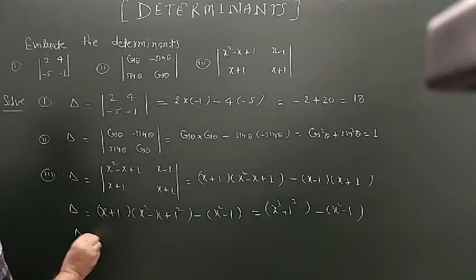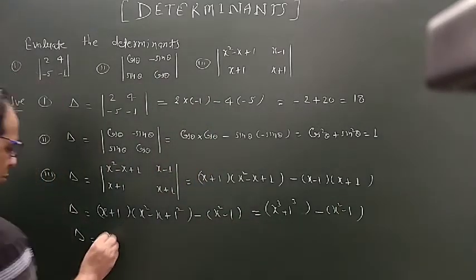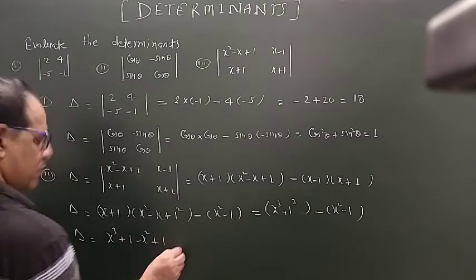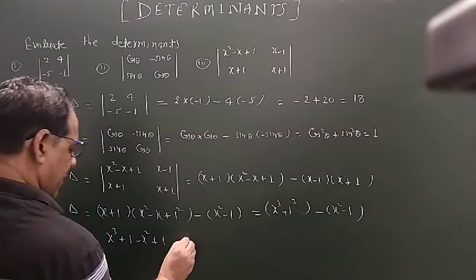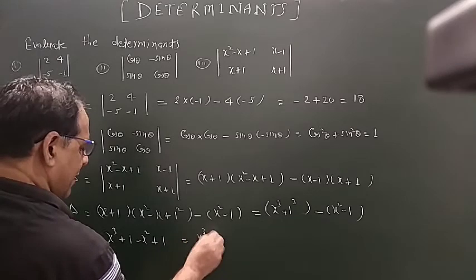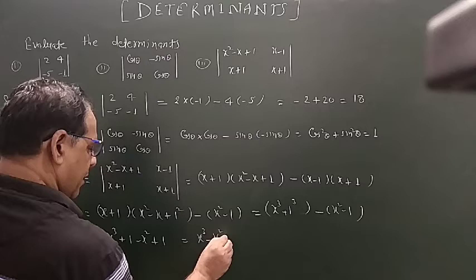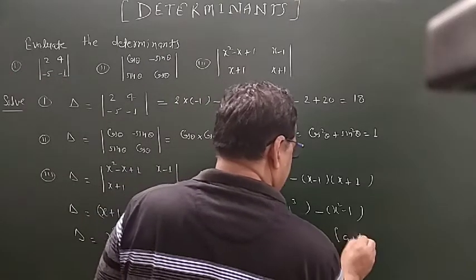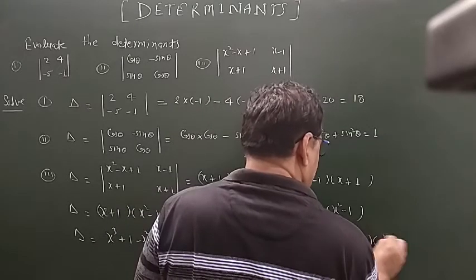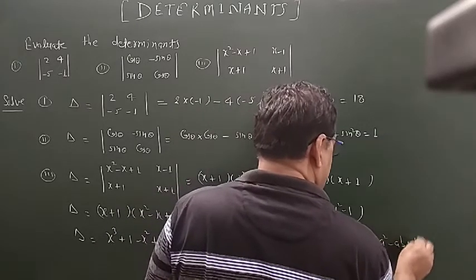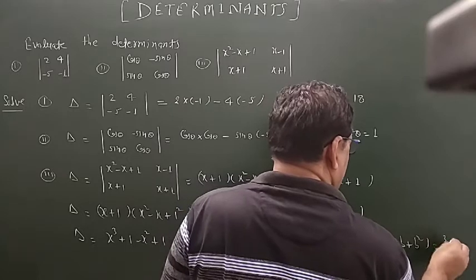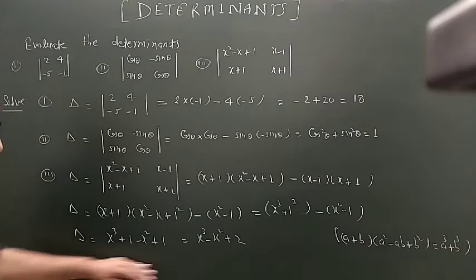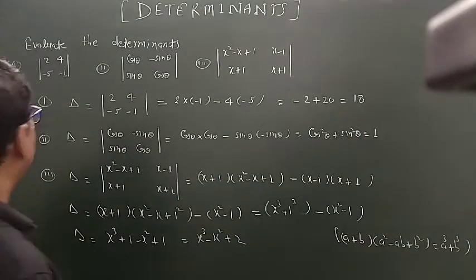So finally they are equal to x cube plus 1 minus x square plus 1. So this becomes x cube minus x square plus 2. So the answer is x cube minus x square plus 2.